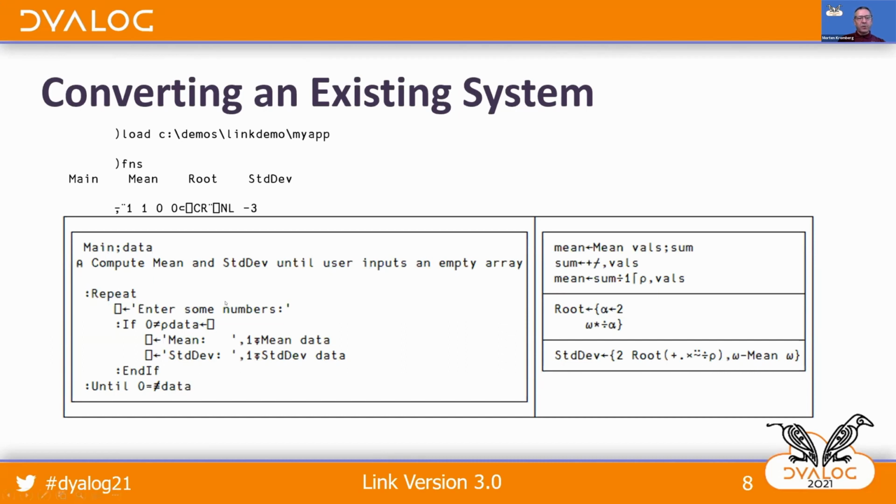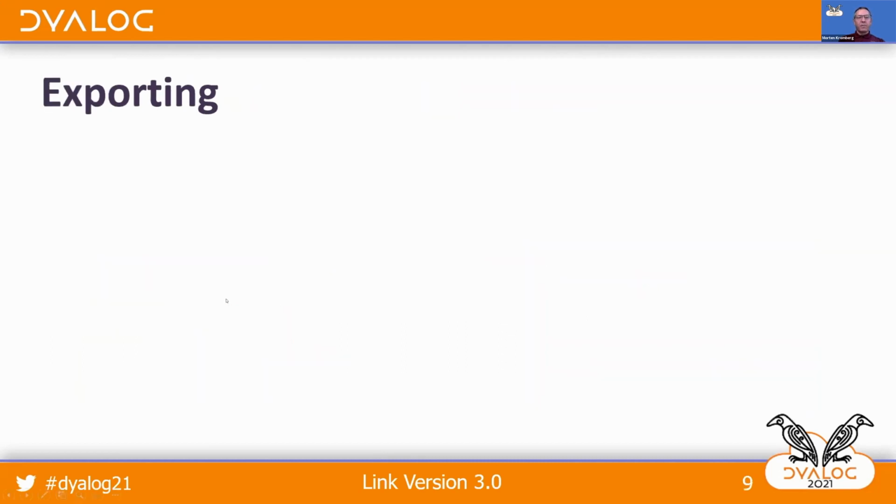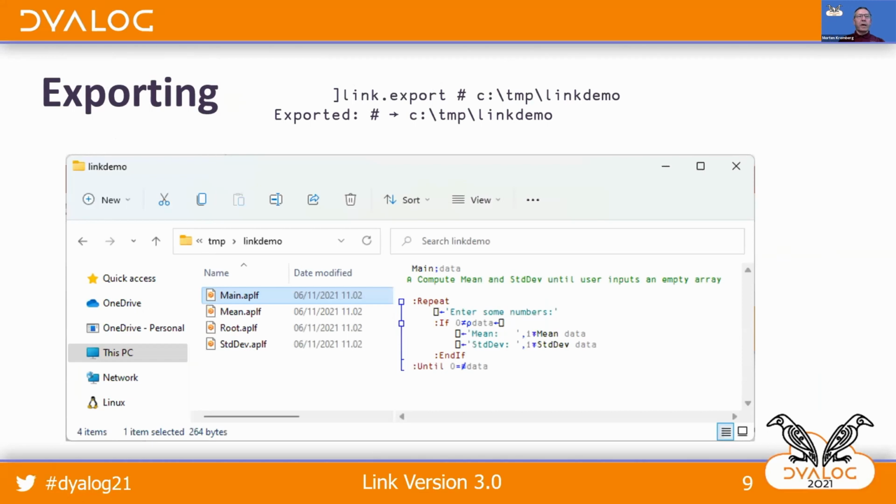If I wanted to get that workspace converted to be used with Link, I could just load the workspace and say link.export and then identify the namespace, which in this case is just the root, which means export the entire workspace, and a folder. And we now have 4 functions exported to files as expected.